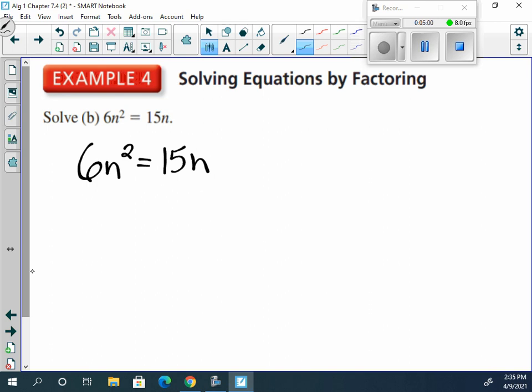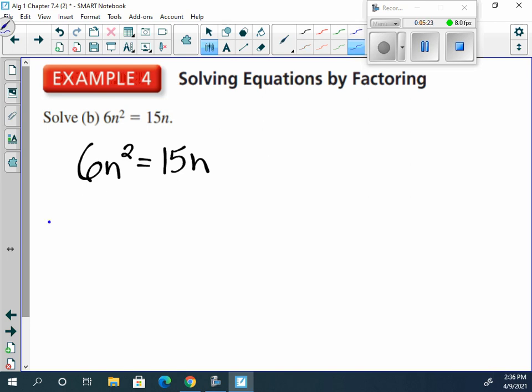Is this equal to 0? Now, whenever we have a higher degree polynomial, so n squared, whenever we have a variable to a power greater than 1, so essentially if we have a squared or a cubed or any higher exponent, we need to get everything on the same side. We want this set equal to 0. There are one or two exceptions, but we won't cover those here.